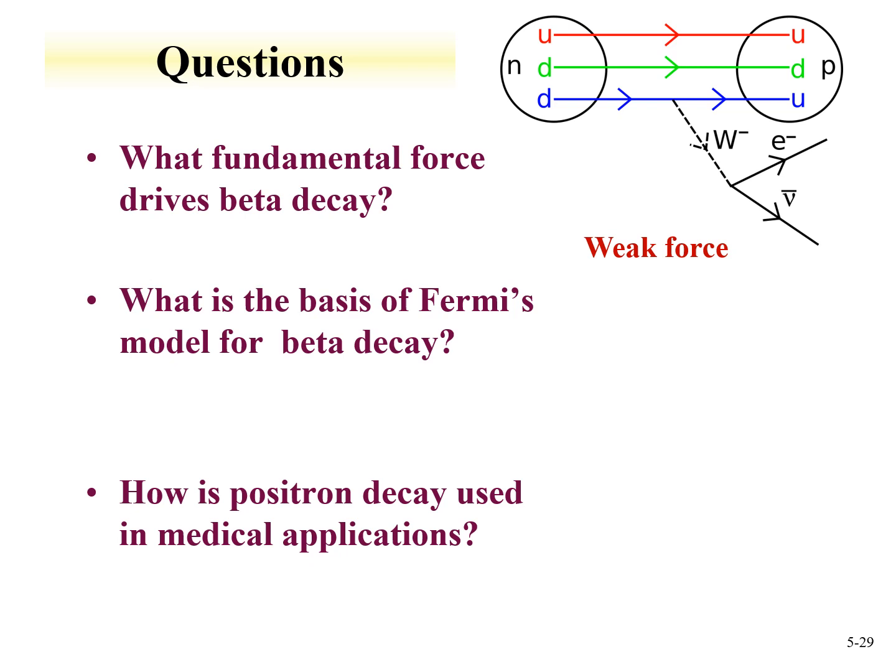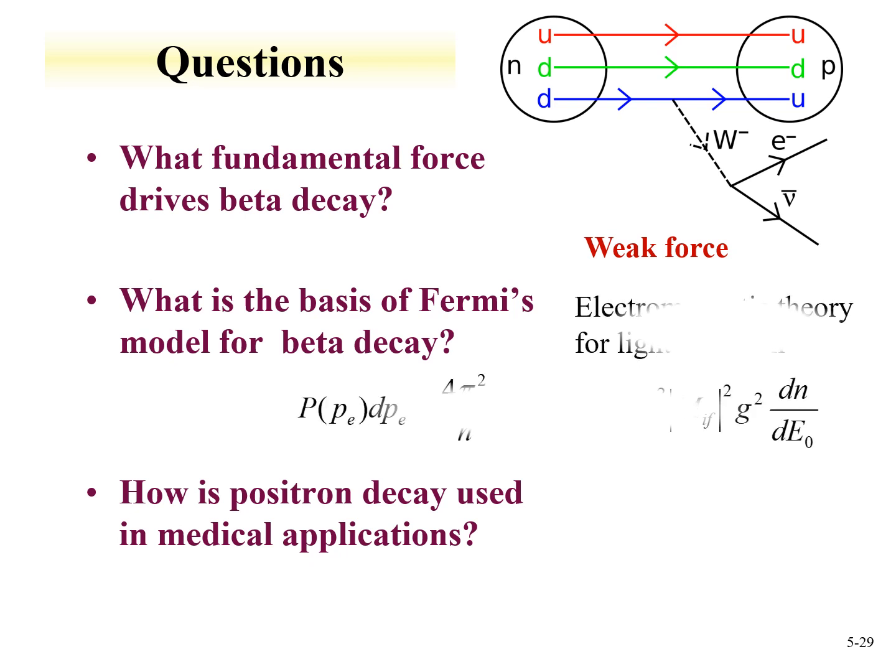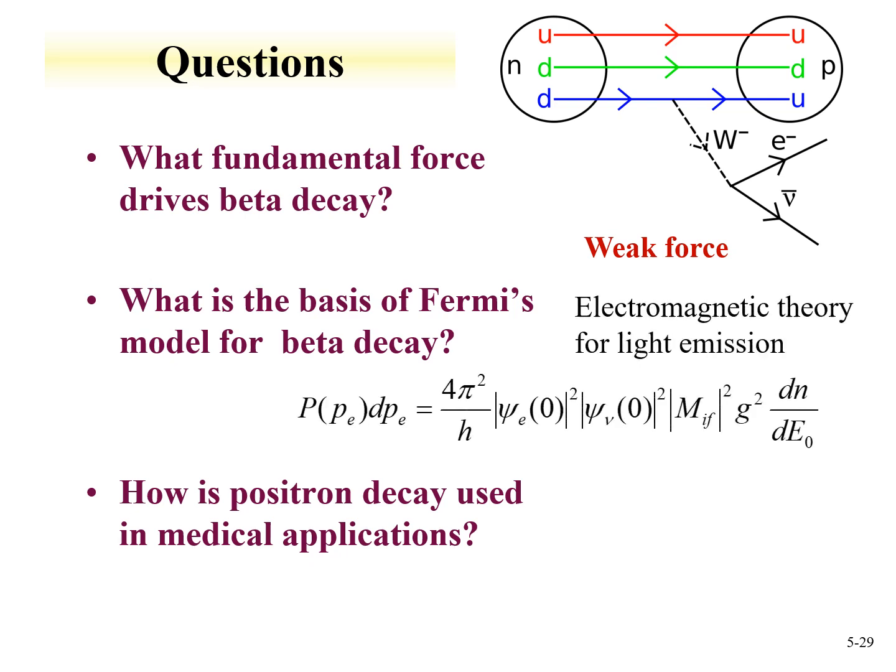So what is the basis of Fermi's model for beta decay? It actually exploits some of this force. It's based upon electromagnetic theory for light emission. Fermi took that fundamental theory and applied it to the weak force, to beta decay. He came up with an expression describing the populating of certain energy densities, equal to some constants, the wave function of the electron, the wave function of the neutrino, this mixing matrix, and this Fermi constant, which he fundamentally replaced from the electromagnetic theory.